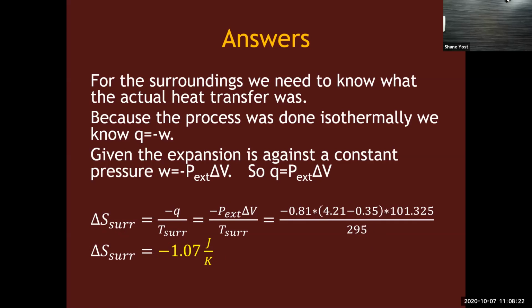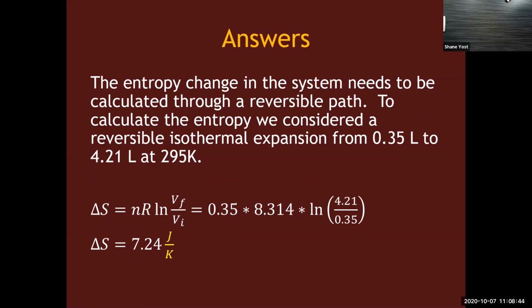How do I get the entropy change for the system for an isothermal expansion of a gas? Right, a number of people are starting to say that's right: nR ln V final over V initial, for isothermal expansion of a gas.